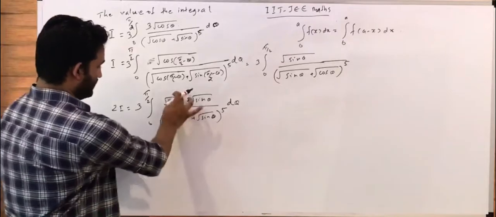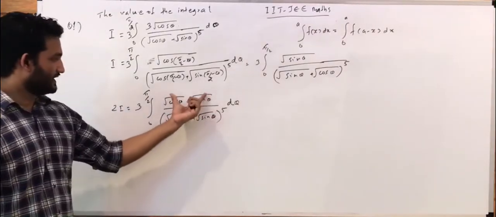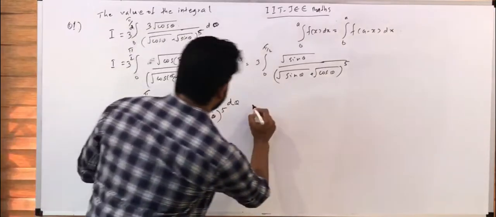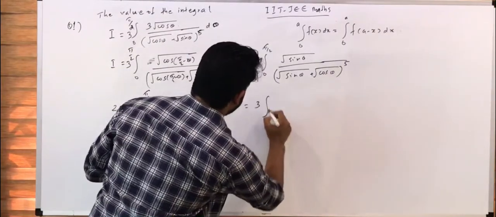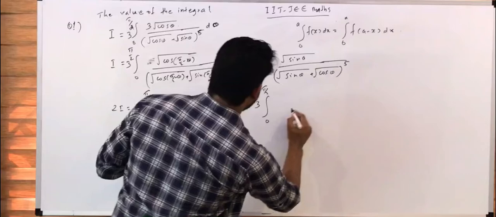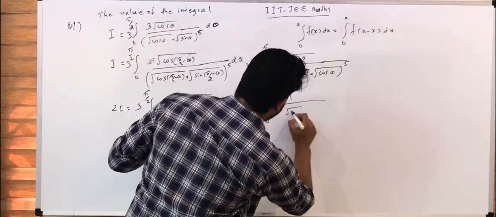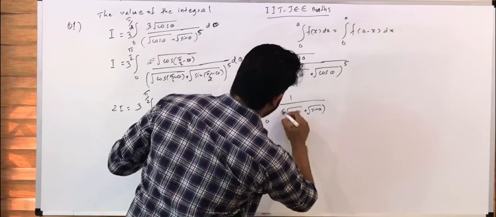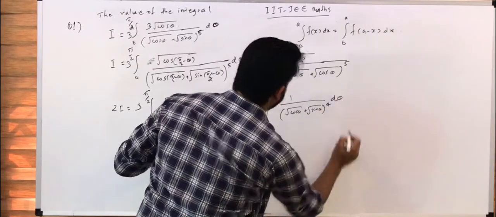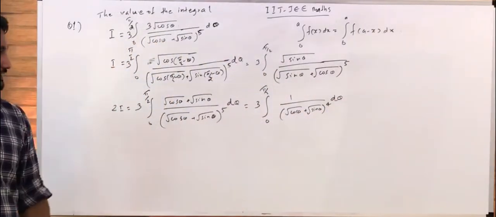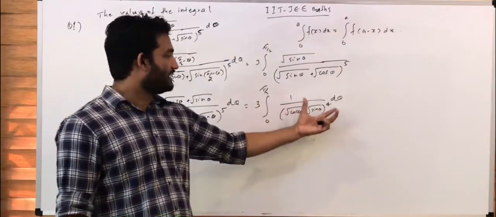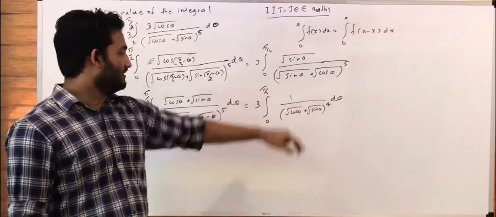Here one factor of root cos theta plus root sin theta from the numerator and denominator gets cancelled. So the integral becomes 3 into integral 0 to pi by 2 of 1 divided by (root cos theta plus root sin theta) all raised to 4 d theta. This is the new integral we need to evaluate.